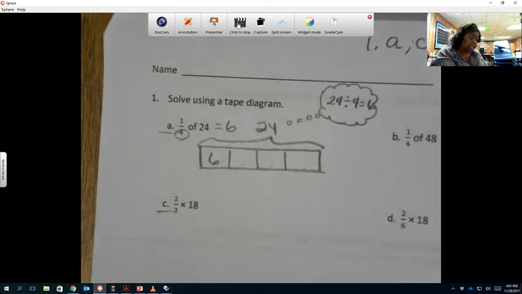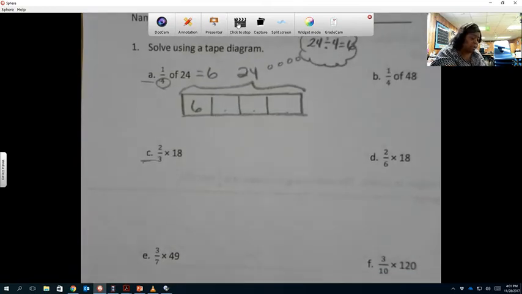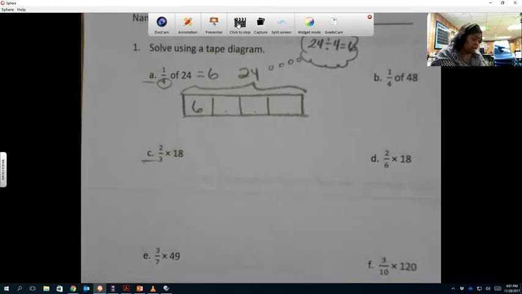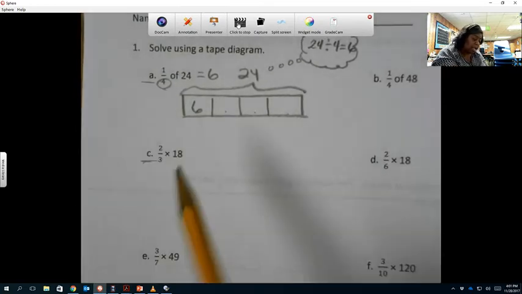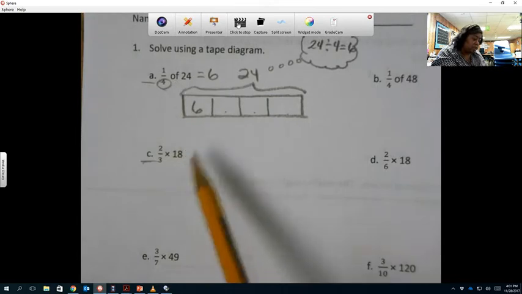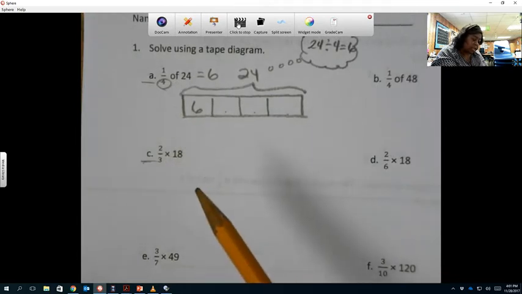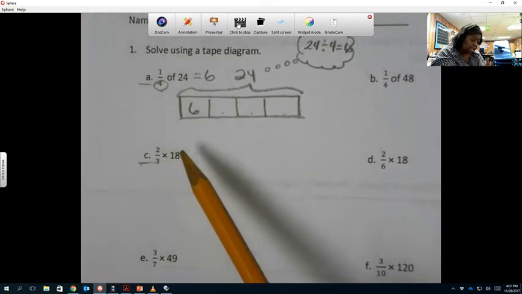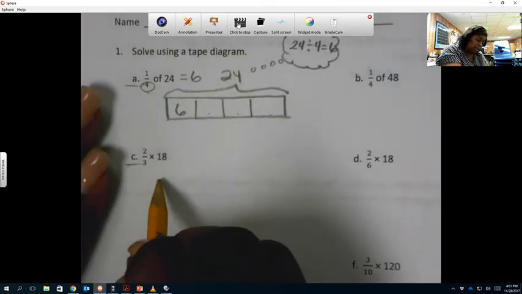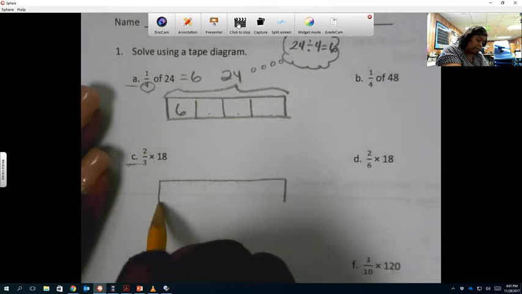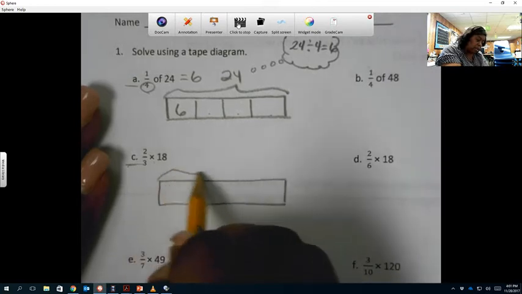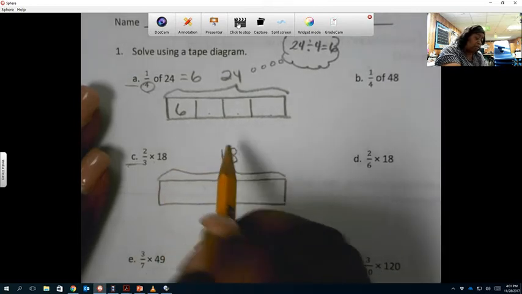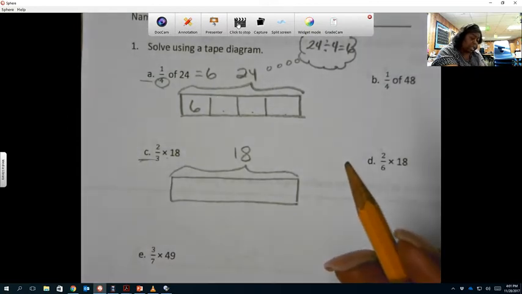Okay, let's look at letter C. Now letter C looks a little bit different because it's got the multiplication sign, but it is actually the same thing. Instead of writing the word of, we put a multiplication sign. So we're still going to read it as 2/3 of 18. I'm going to start with my rectangle, and I'm going to label my whole. The total is 18.